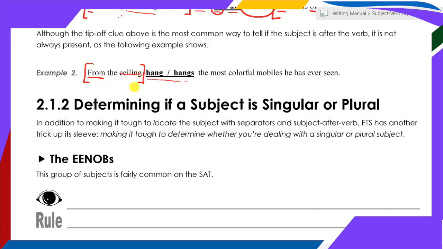There are no nouns before the verb that can be our subject. So obviously we're going to be looking after the verb for our subject, and the subject happens to be right there. The mobiles hang from the ceiling. The most colorful mobiles hang from the ceiling. So this is a plural subject after the verb. We need a plural verb, and we are done with subject after verb.